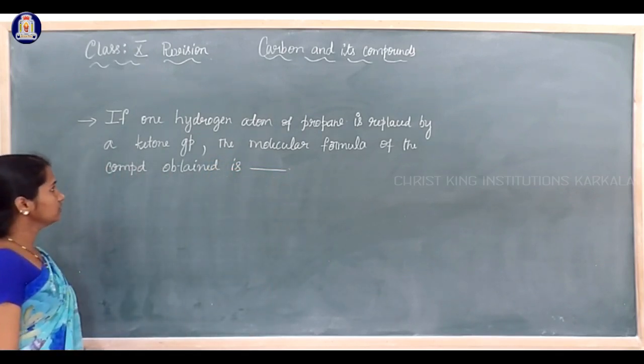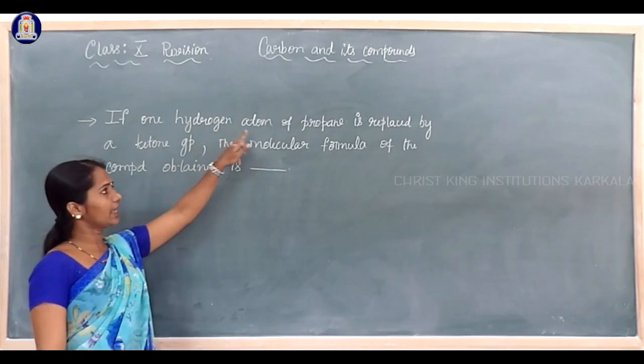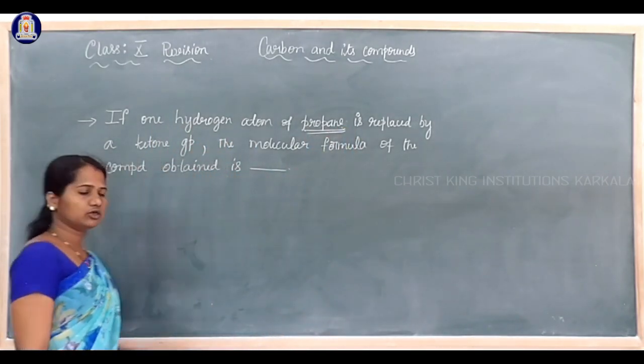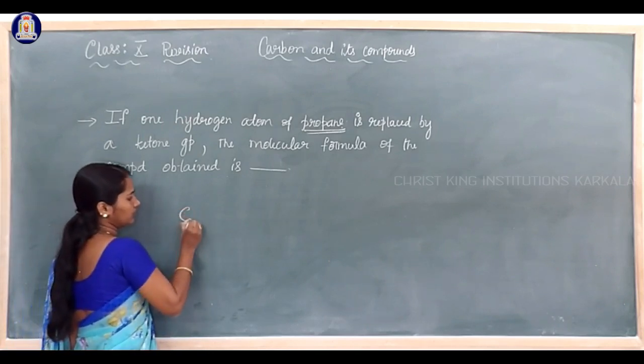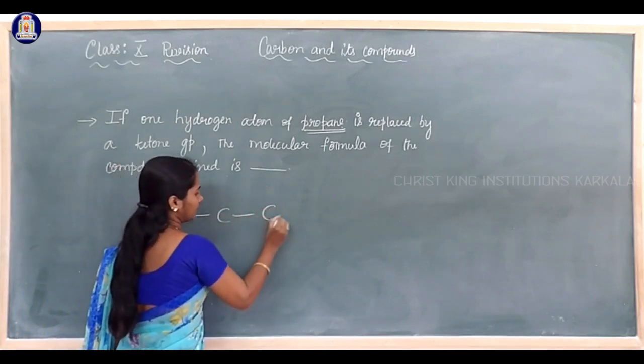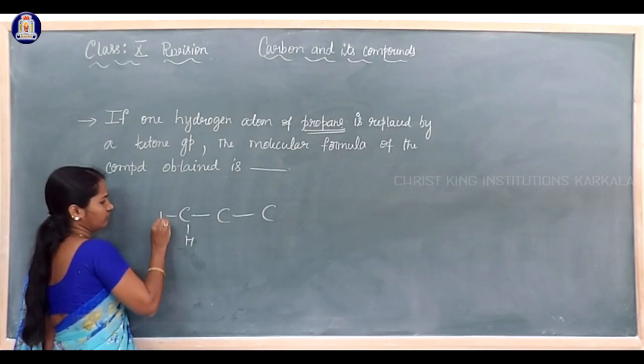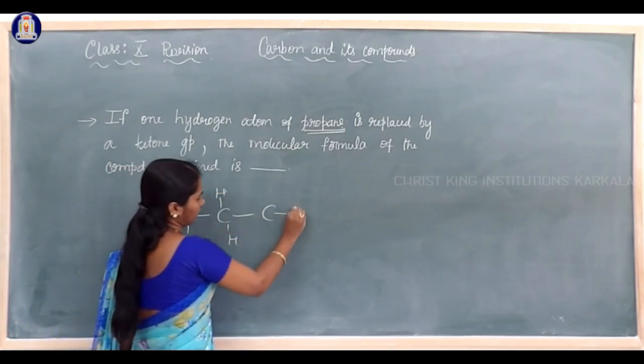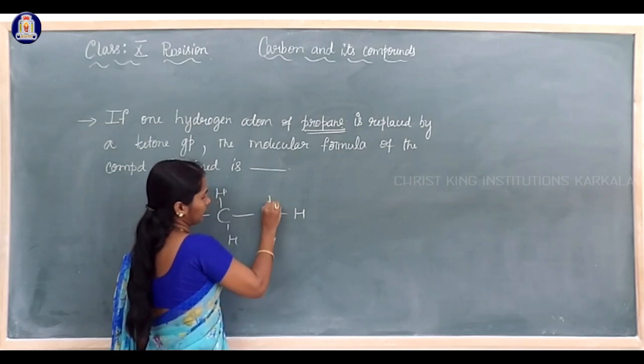So the question: if one hydrogen atom of propane, write the structure of propane. Prop means 3 carbon atoms. This is the structure of propane.